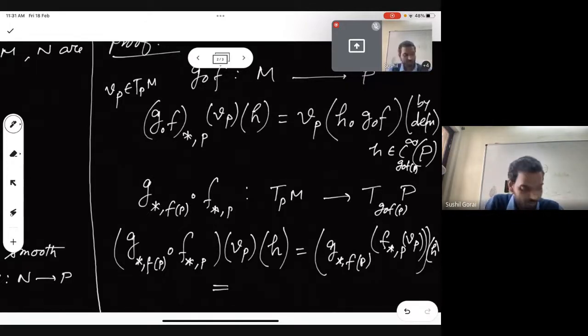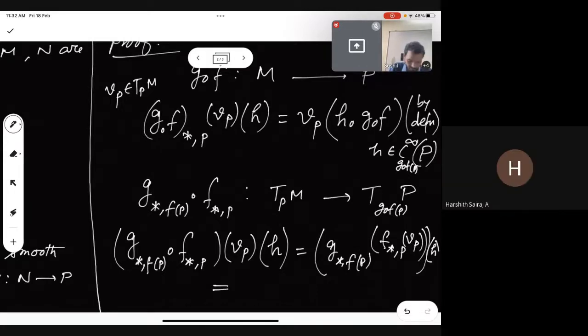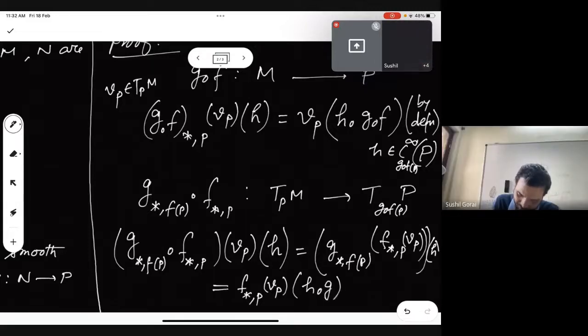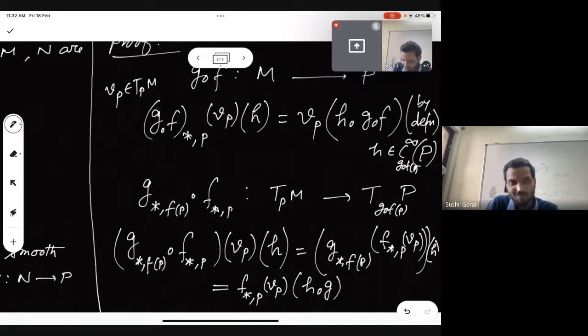So how do you see this composition? Apply F star at P of V_P on H compose G, right? H compose G.